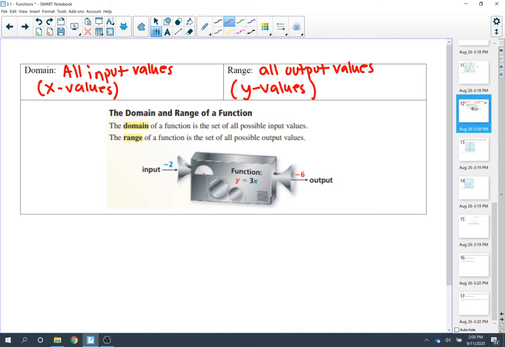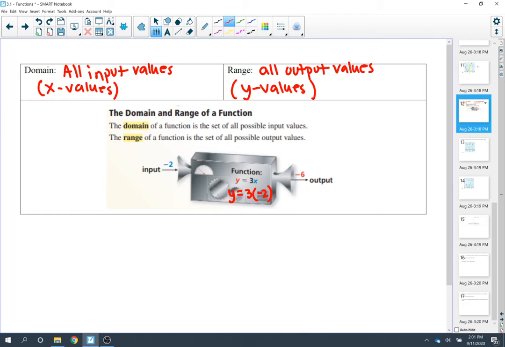So if we take a look at a function, we have input going into our machine of -2. Okay, we do whatever we need to. So we have y equals 3 times x. So if our input going into the function is -2, this would be y equals 3 times -2. That's why we call it the input, because you put it into the function.